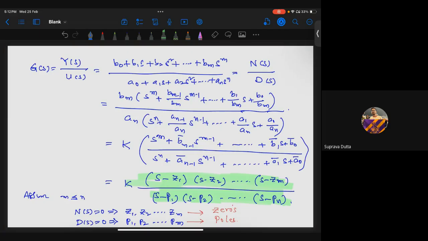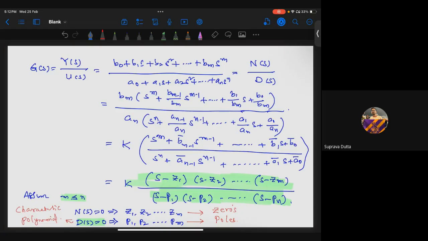Specifically we are taking m less than or equal to n. We call this equation, when you take D of s equal to 0, the characteristic polynomial. Is this clear?